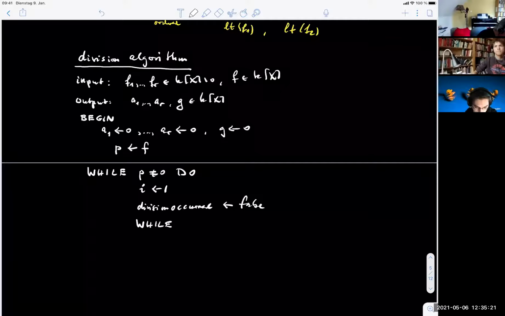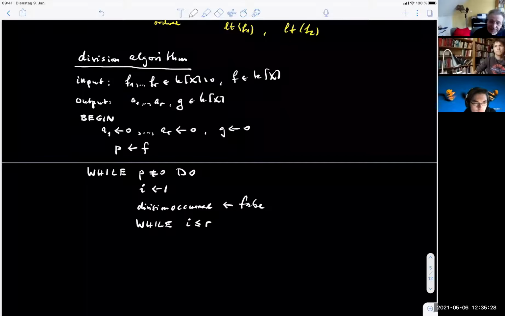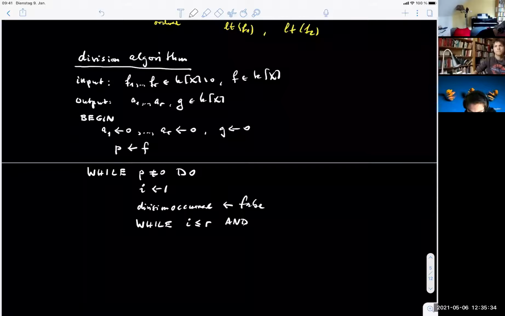So while my index i is less than or equal to r and division occurred equals false, which is such a long variable name, it's terrible.